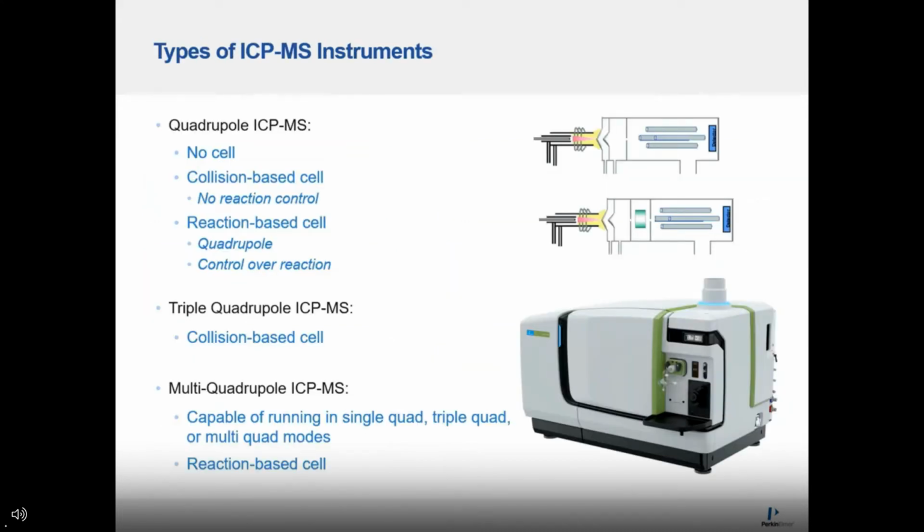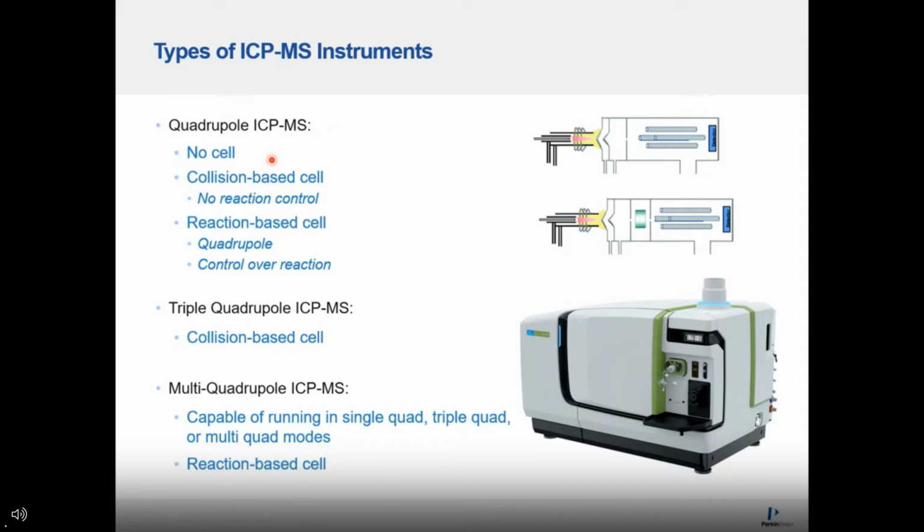ICP-MS has long been the instrument of choice for trace elemental analysis. There are different types of ICP-MS, such as the simple quadrupole ICP-MS without a cell to correct for polyatomic interference. So you really have to rely on inter-element corrections to get the right result.